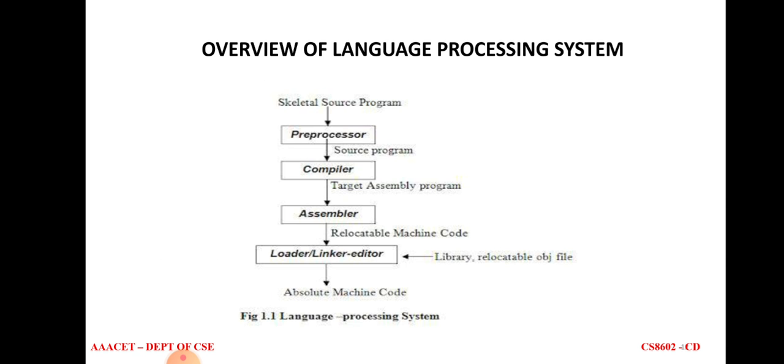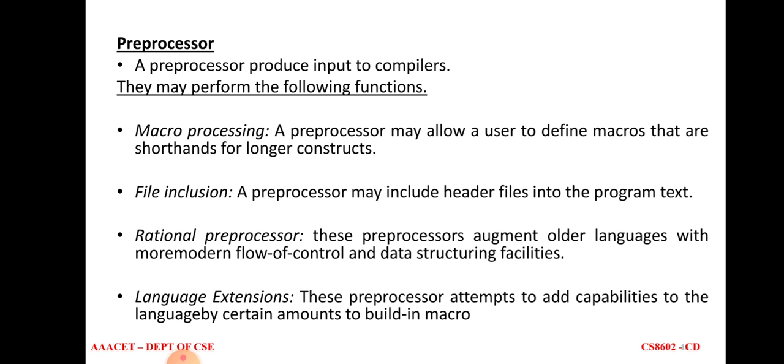So what is the preprocessor? We already saw that the preprocessor is used to produce input to the compiler. There are four main functions in the preprocessor: macro processing, file inclusion, rational preprocessor, and language extensions. Macro processing is used to define macros, and file inclusion is used to include header files, for example #include <stdio.h>.